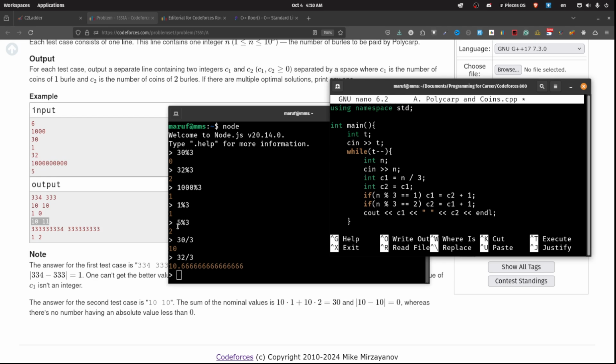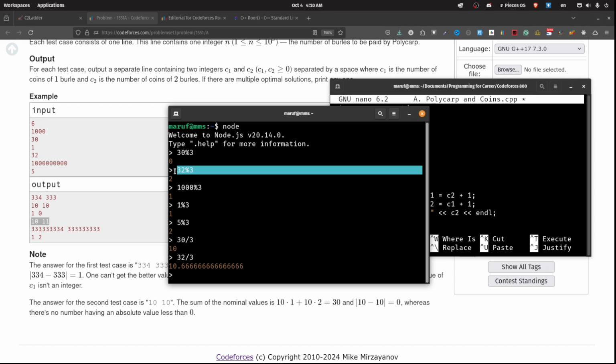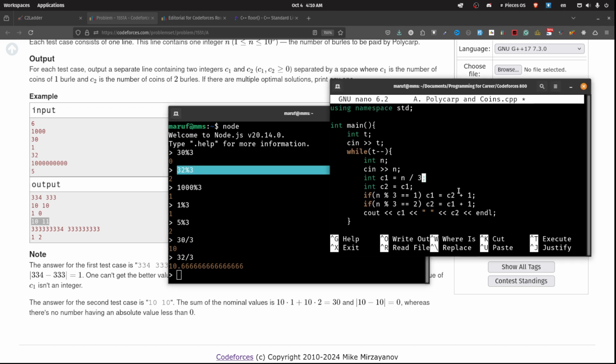For 32, both of those values give a resulting value of 2. So 10, 11.